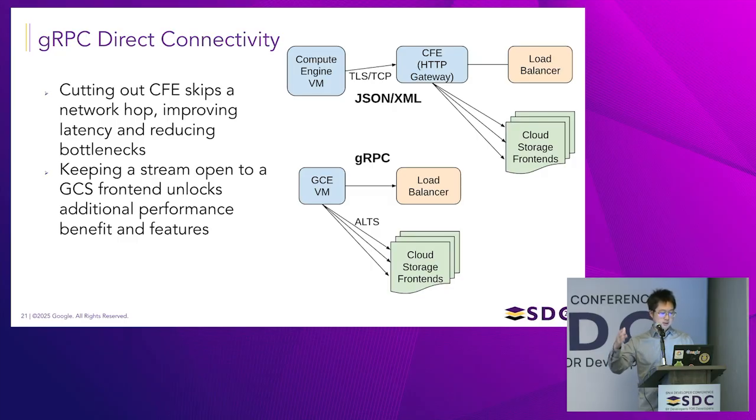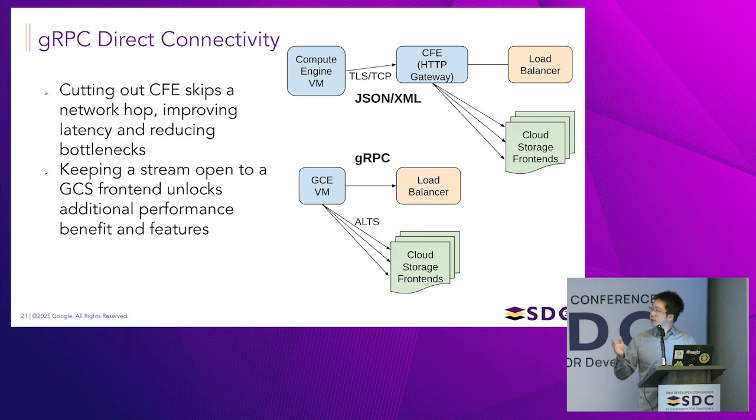And this sits between GCE VMs or outside internet traffic and GCS's storage front ends. This has to proxy traffic. It comes with some performance, both latency as well as throughput limitations. And then again, since we use HTTP, this is the normal TLS authentication.